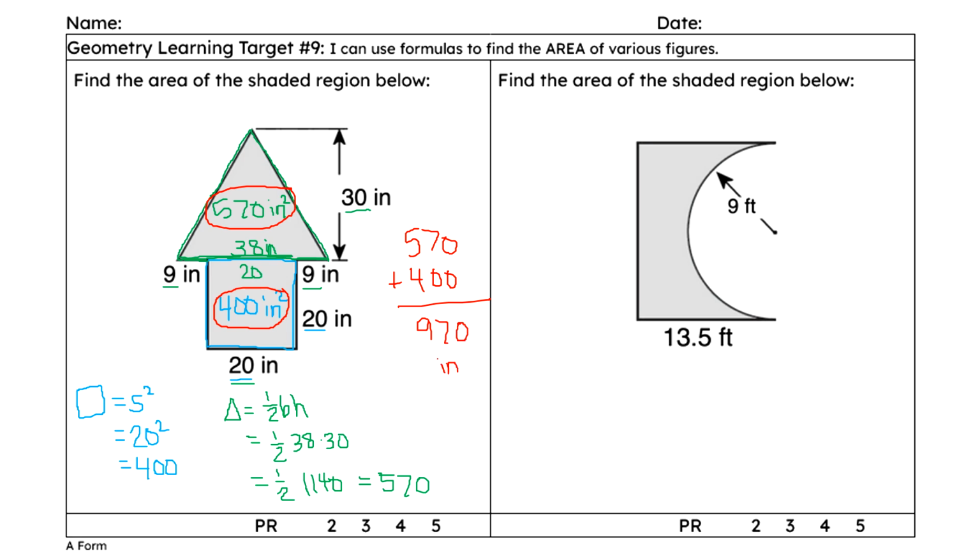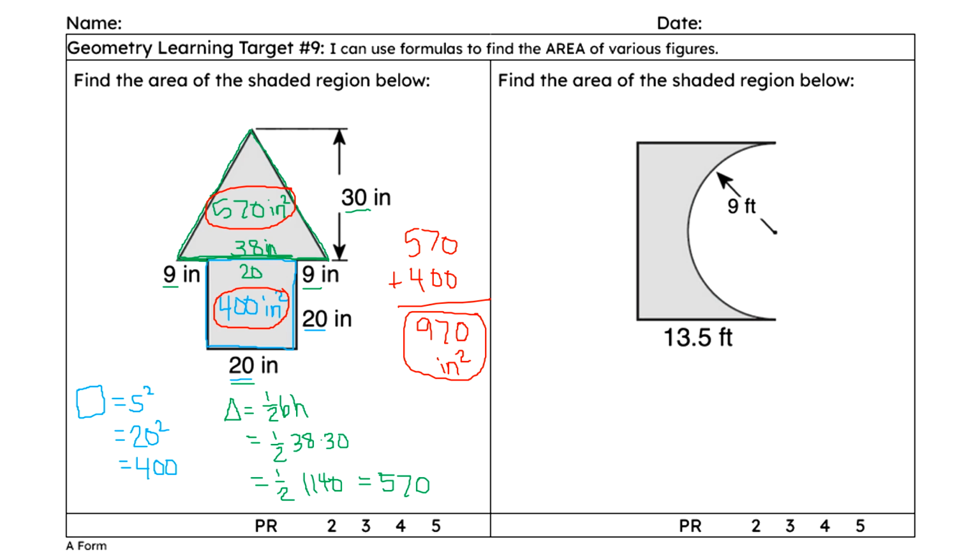Please make sure you use the correct units. It should be units squared because we're doing an area, and that's always in square units. So the entire shape in gray has a total area of 970 square inches. You've got to find the chunks of the pieces and then add them together. And for our second shape over here, it's a very strange shape.